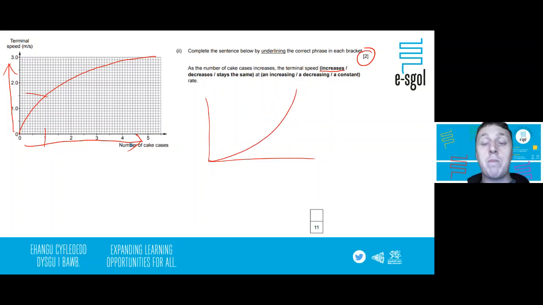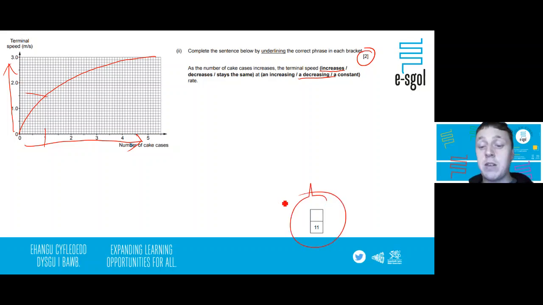If it curved upwards like a slide, you would see that it is getting steeper as we go further up. If we were to plot little tangents, we might see that it is getting steeper. This would be an increasing rate. And in the example we see that it's getting less steep as you approach larger cupcake cases, which would be evidence of a decreasing rate.